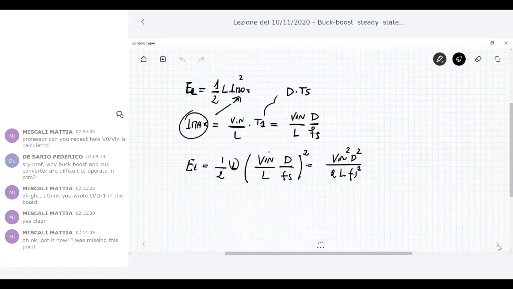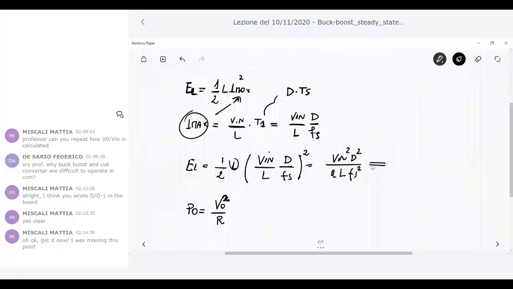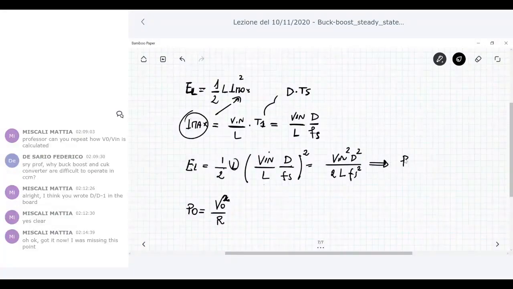So this energy EL is also the energy that we provide to the output, which defines the output power. Remember that the output power is V naught squared over R. This output power is totally due to the energy that is stored in the inductor during the charging phase T1.